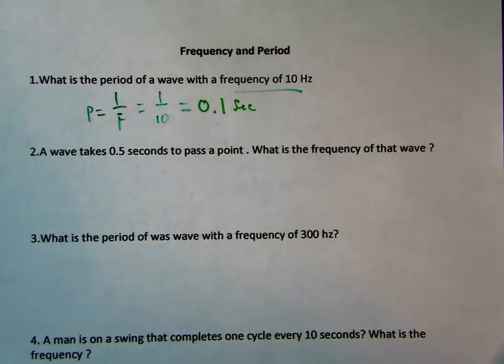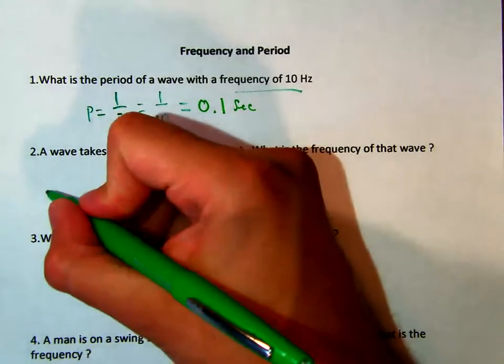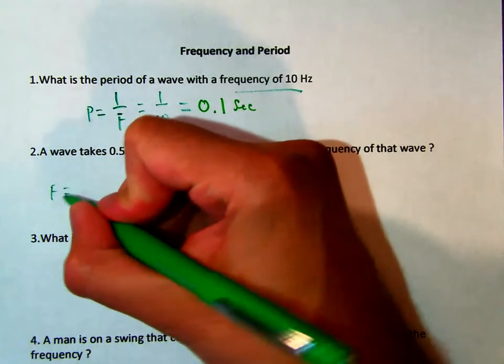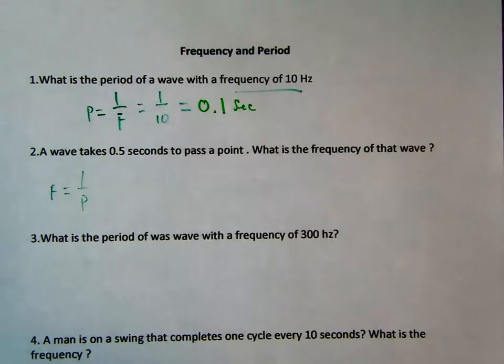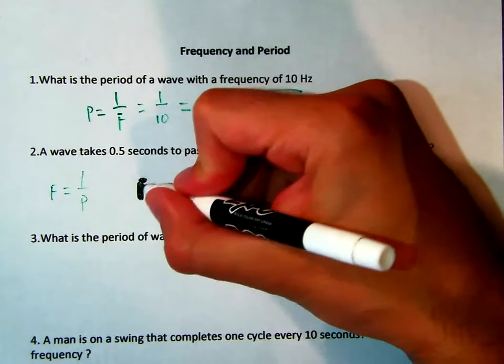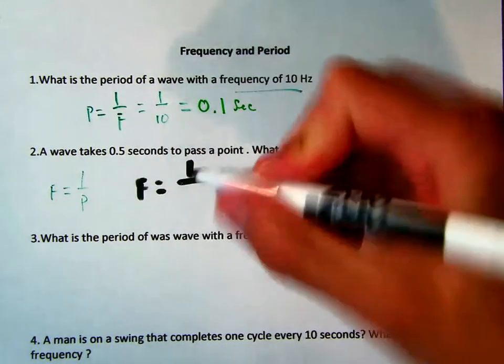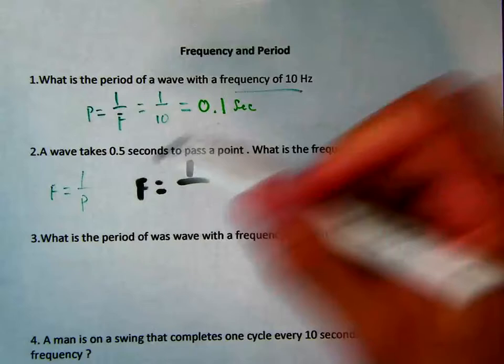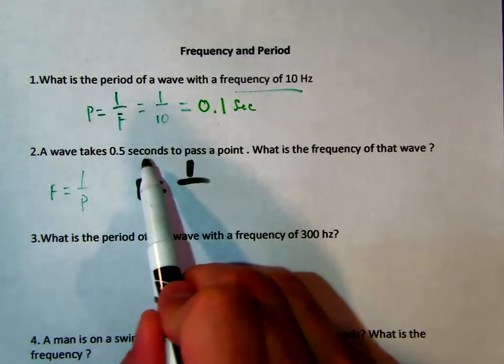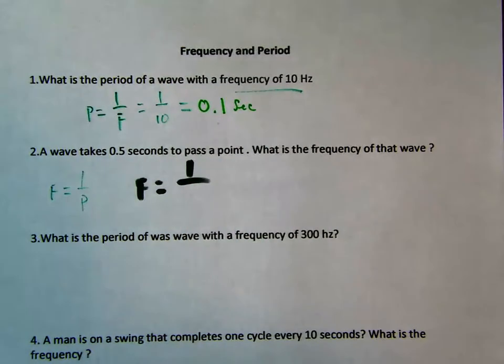Now we're looking for frequency. Okay, so I can use the opposite equation. I can rearrange it, but I'm just going to use the opposite one because we already solved for it. So frequency equals 1 over period, right? So I know my frequency is going to equal 1 divided by my period, which is what it says: a wave takes 0.5 seconds to pass a point.